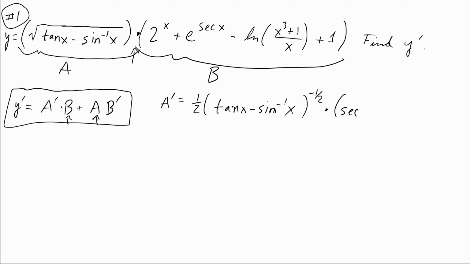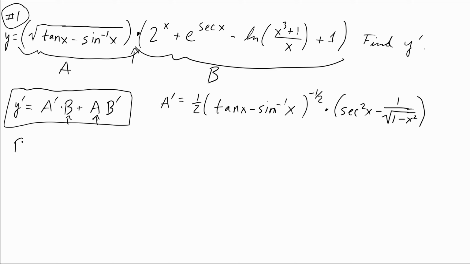So the derivative of the first part is secant squared x, and then minus the derivative of sine inverse, which is 1 over the square root of 1 minus x squared. Okay, and then we're actually done with a prime. So we're well on our way. We know a, b, and a prime. We just got to find b prime now.